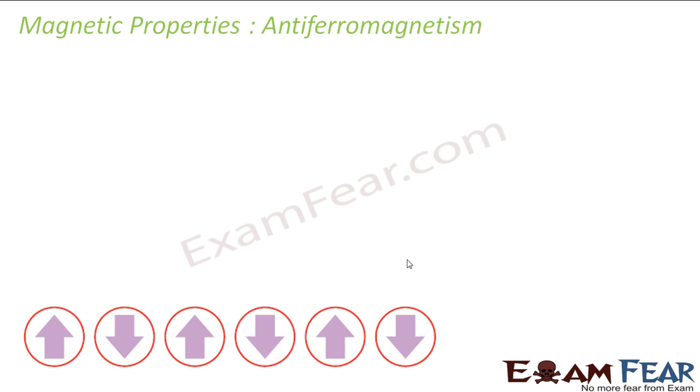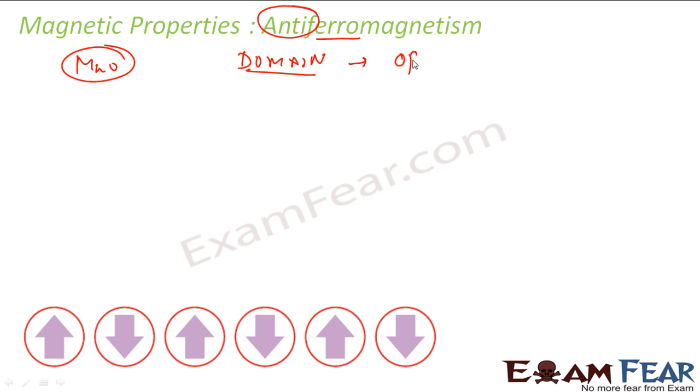The next is anti-ferromagnetism. The name suggests it comes from ferro. In this case, substances like MnO also have domains. The domain structure is similar to ferromagnetic substances, but these domains are oppositely oriented.